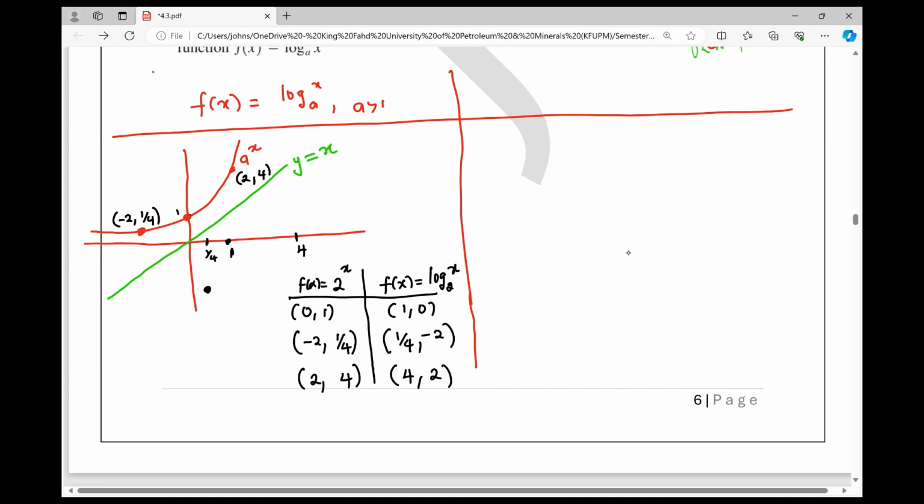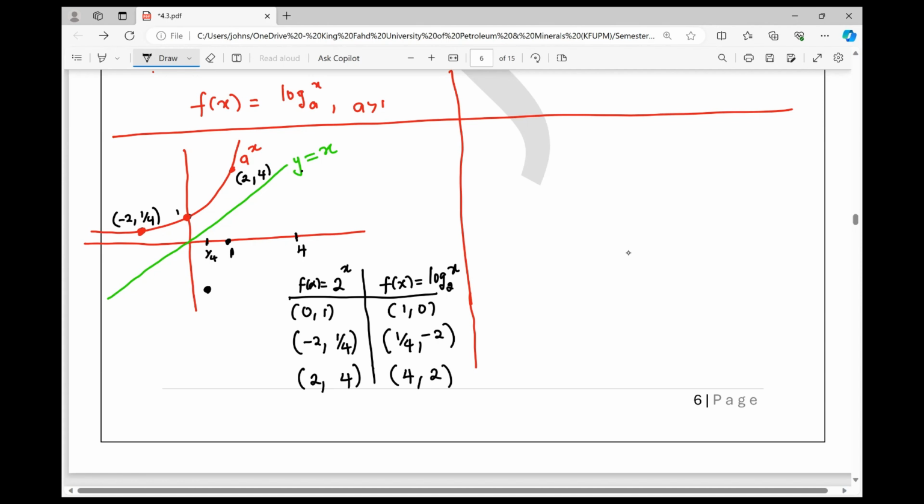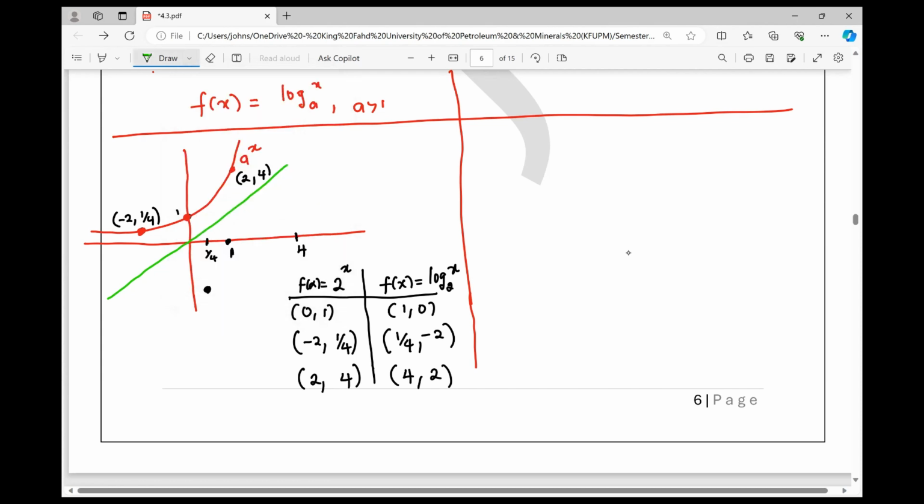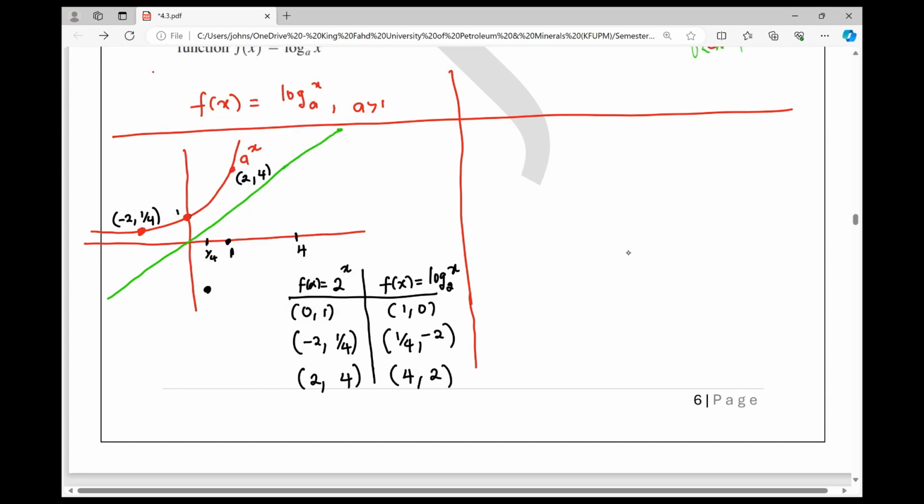So if this is 1, 2 should be somewhere here. No, let me improve this one. This one will keep going, right? So if we take x to be 4, y is equal to 2. So maybe somewhere here, but it cannot cross the line.